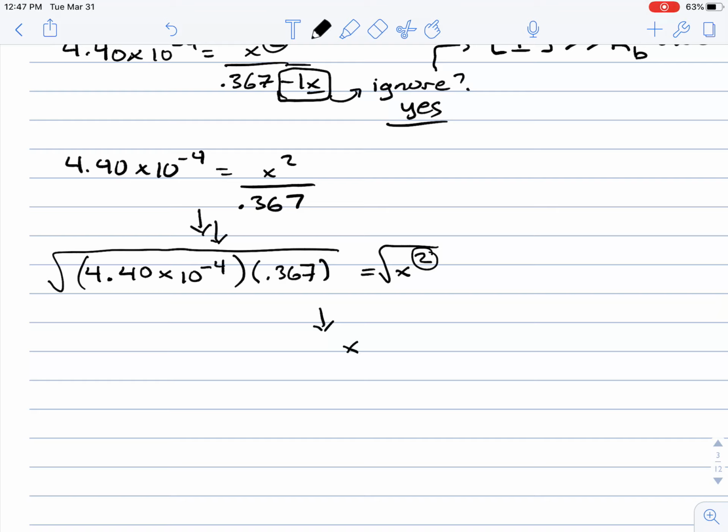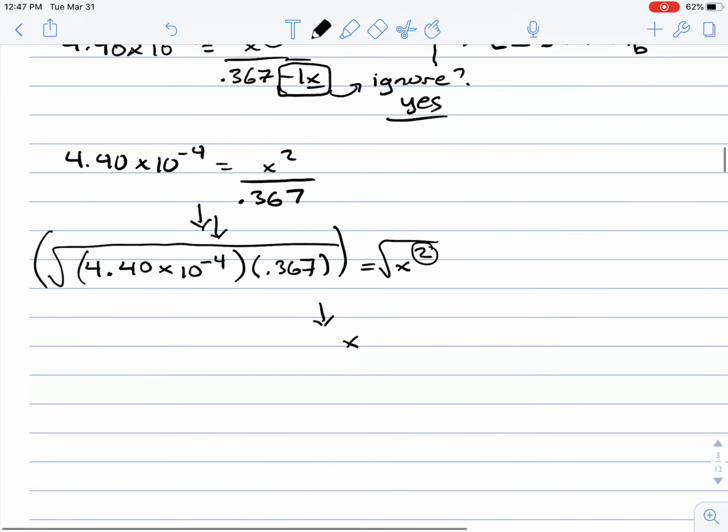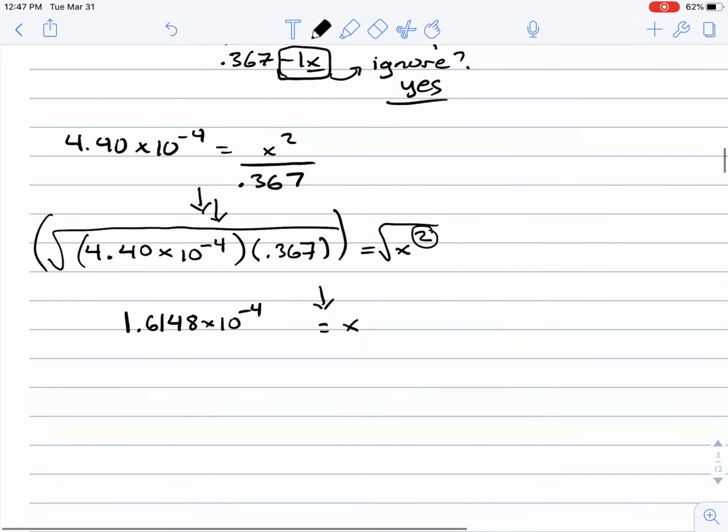And when we plug all of that into our calculator, everything that I have here in parentheses, we are going to get 1.6148 times 10 to the negative 4. There's probably a whole bunch of digits after that 8, but I just chose to write this value.